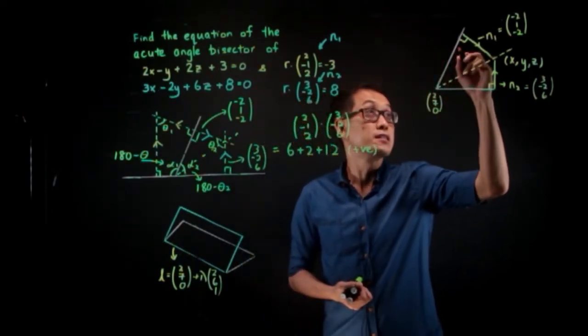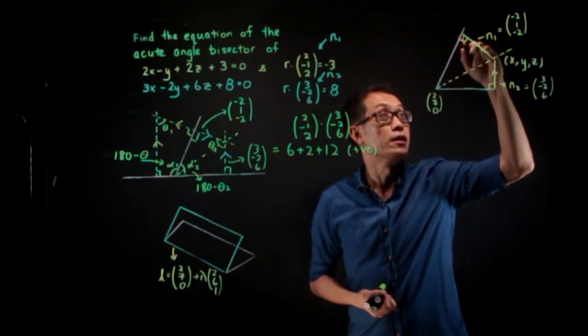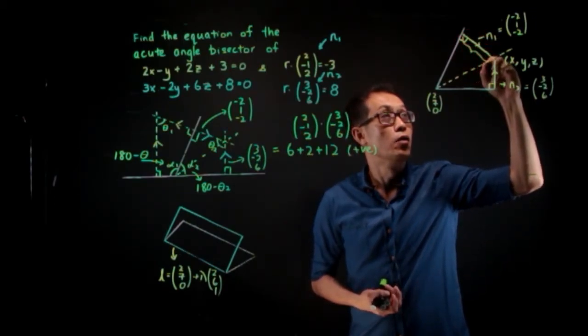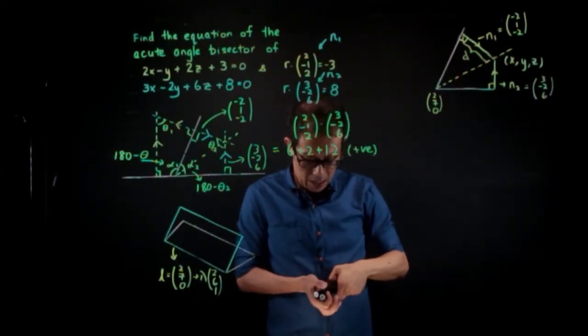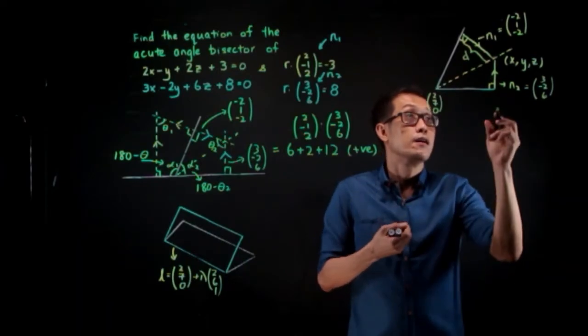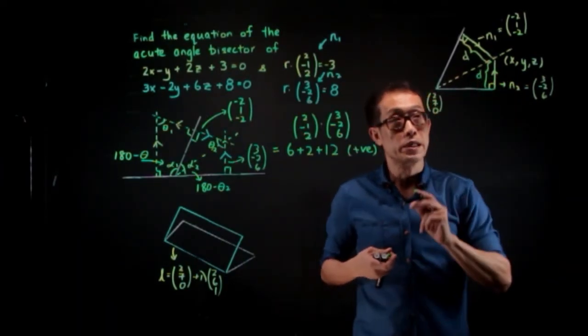That means this distance here will be D, and this distance here will also be D.